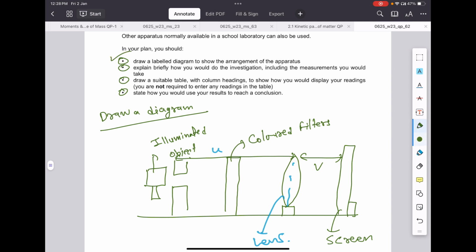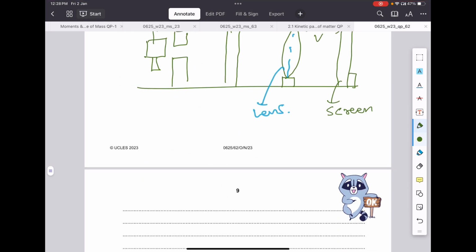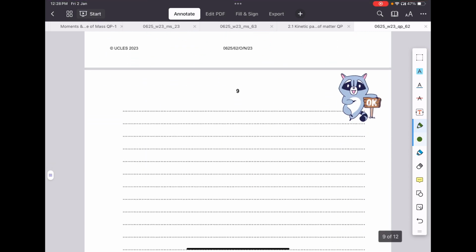First part is done. Now second: explain briefly how you would do the experiment, including the measurements you would take. In the next part, we can explain briefly how we can do the experiment. Always remember in this kind of experiment, remember one trick that you have to mention. You can remember this: money really rocks.